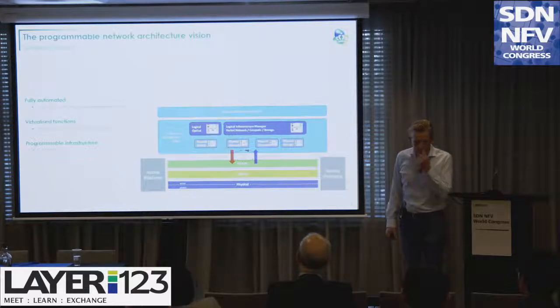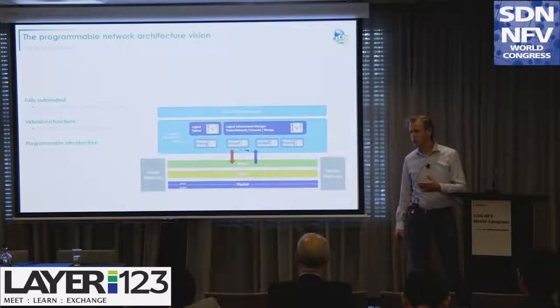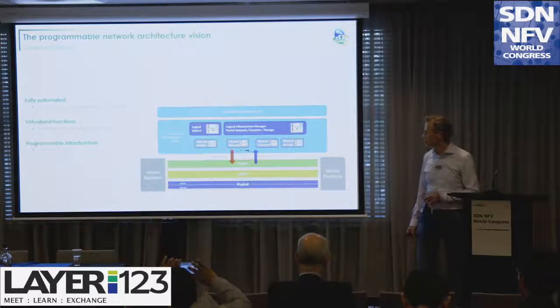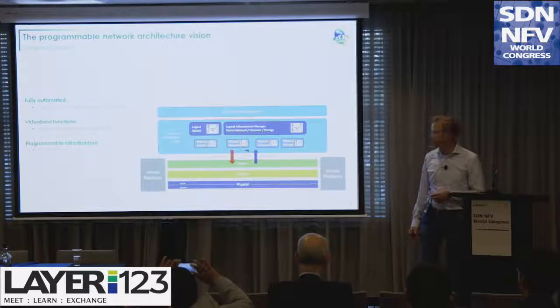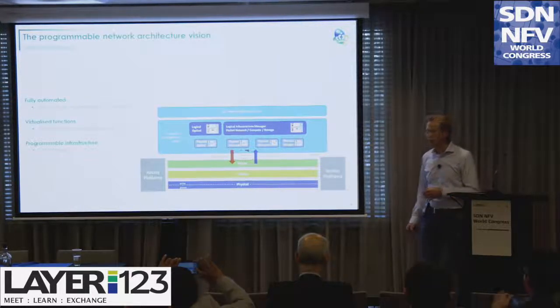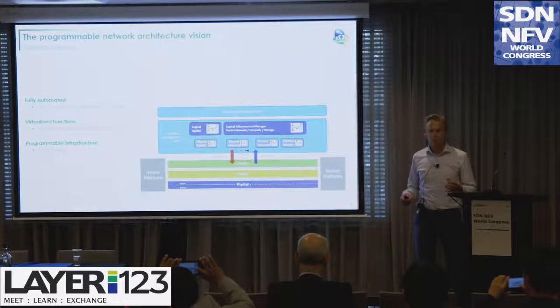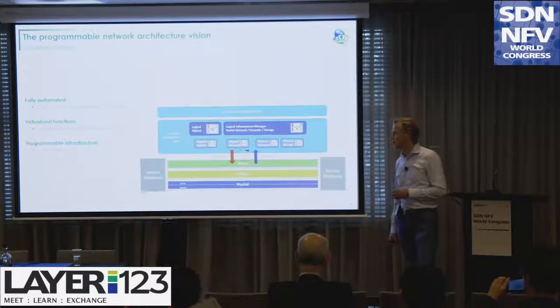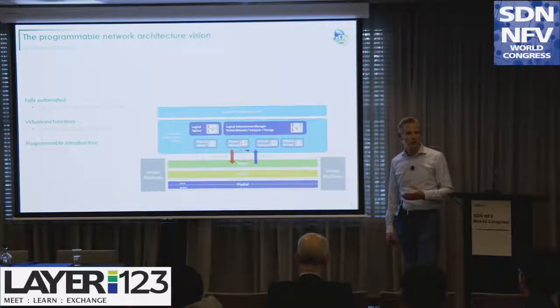So, software defined. As an extension to the virtualization, it obviously means that we're going from physical network functions to virtualized network functions. That's a direction we will continue. Another very important aspect of a software-defined architecture is a fully automated architecture.